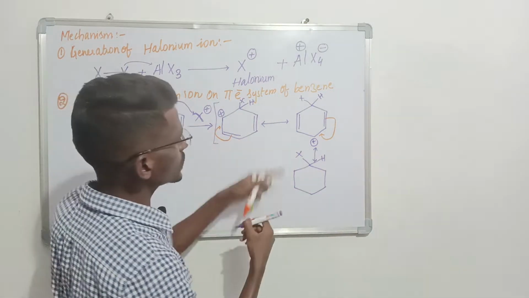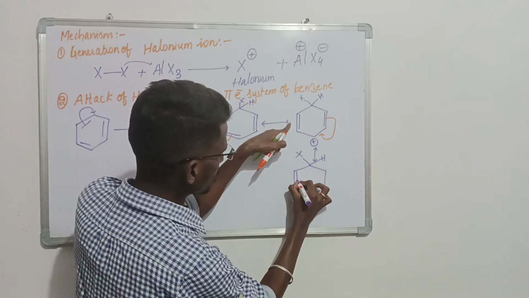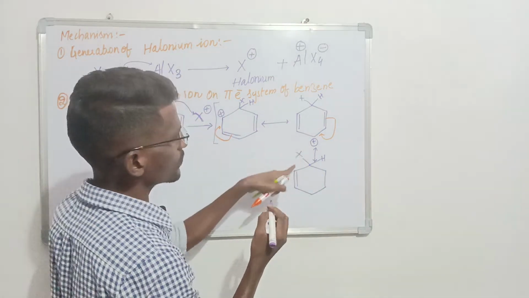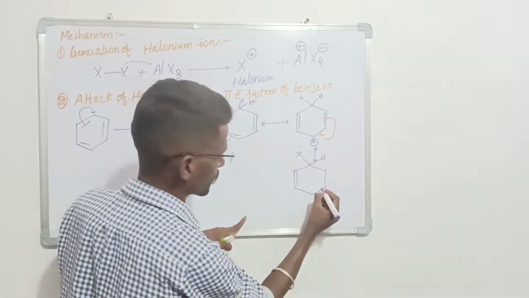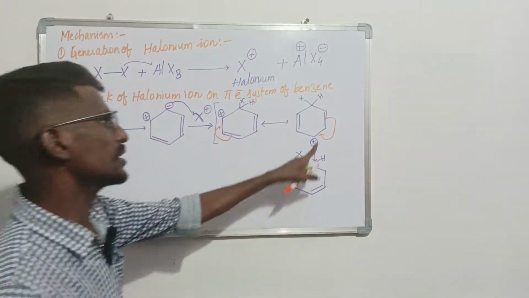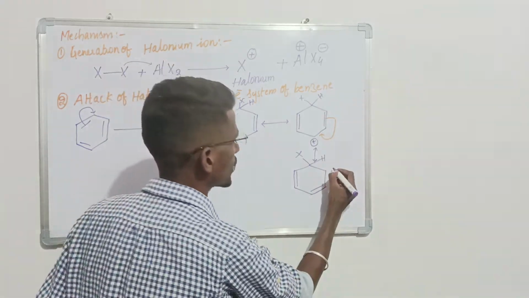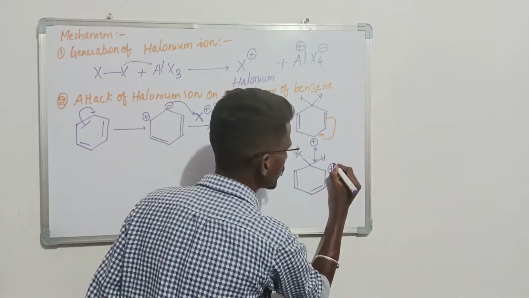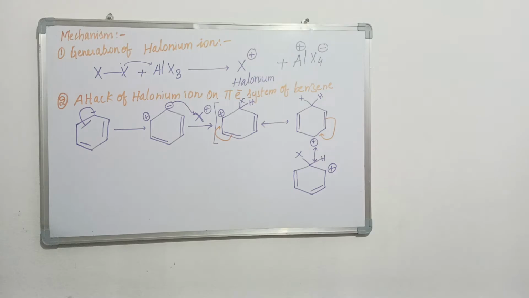To neutralize this positive charge, these electrons are shifted, so the double bond system will be present here. Then this bond is lost, so the positive charge becomes over here. So this is the end.